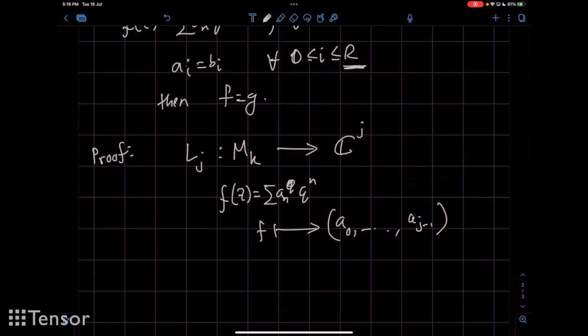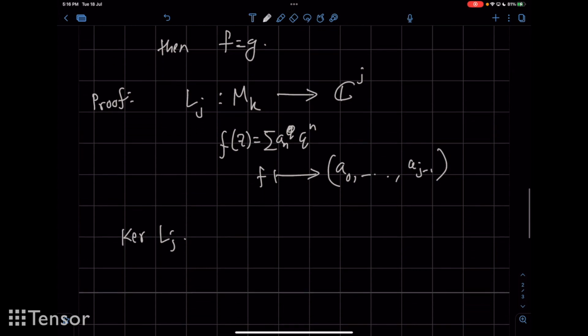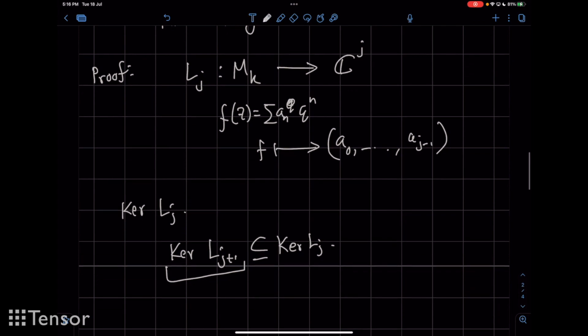Then let's take the kernel of L_j. My claim is that the kernel of L_{j+1} is a subspace of the kernel of L_j. Why is that? Because if we take any modular form from the kernel of L_{j+1}, then that modular form has a_0 up to a_j all equal to 0.